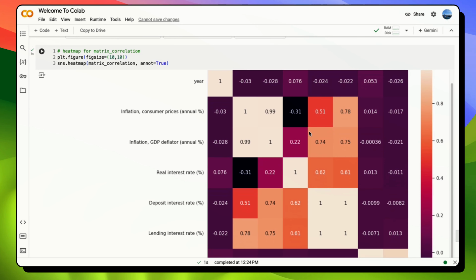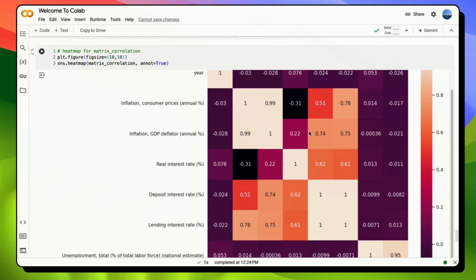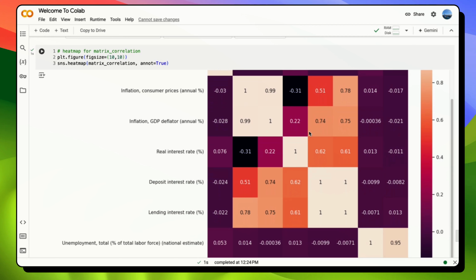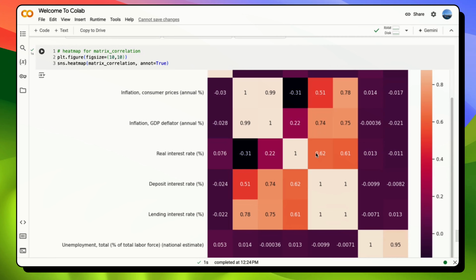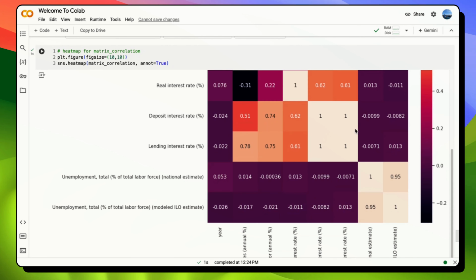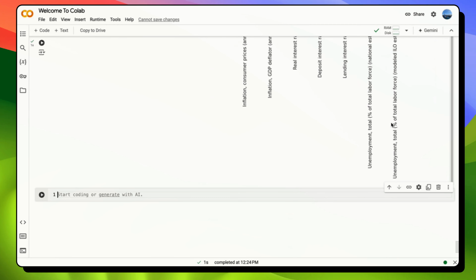Yes, there we go. This is the heat map. So the lighter we go, the more correlation. So there's correlation here, there's correlation here. Pair plot.